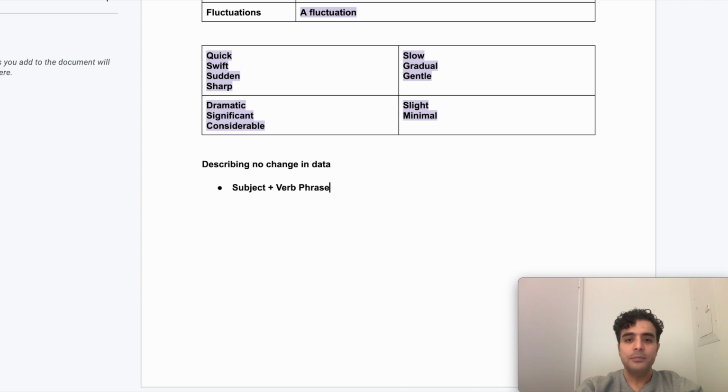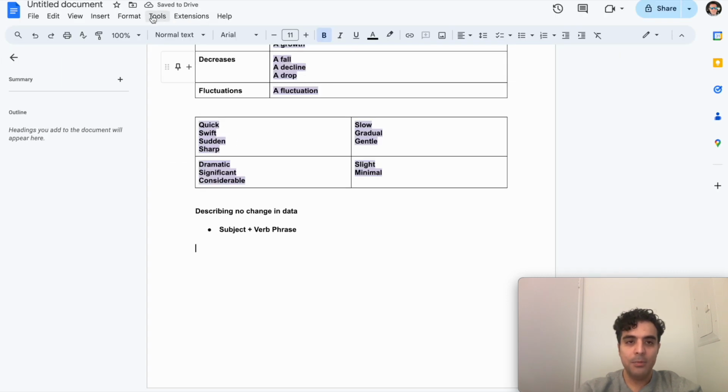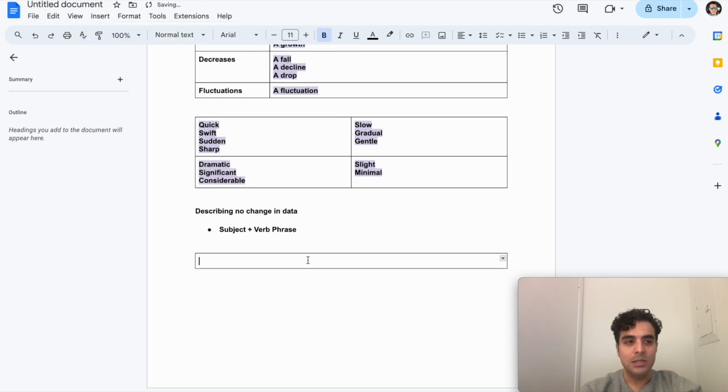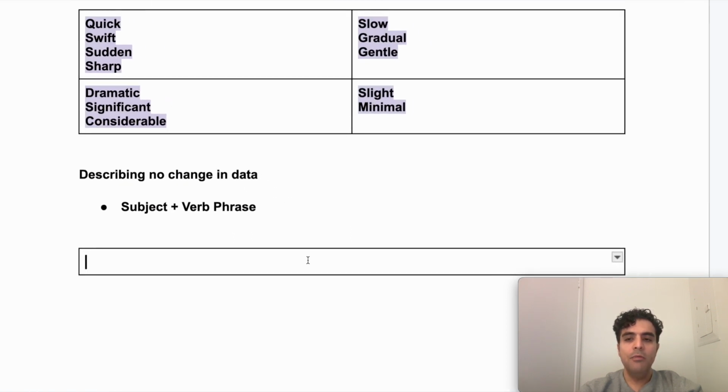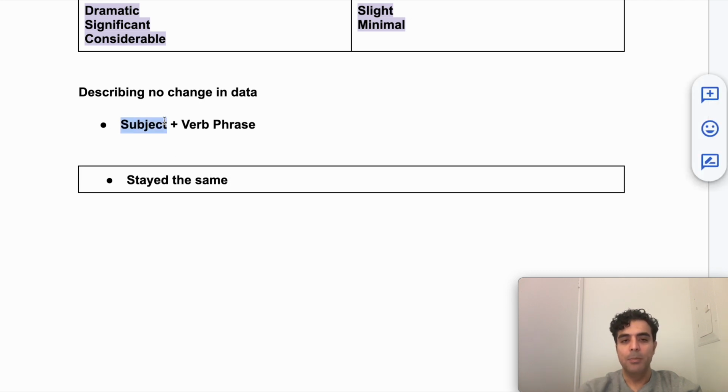So the verb phrases that you could use, I'll try to categorize them all here in the form of another table. So these tables should help out a lot. Yes, so check it out. One form of this verb phrase for describing no change in our data is to say it stayed the same. So the number of students stayed the same.